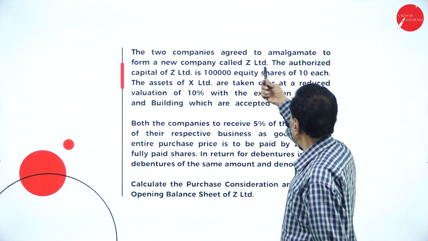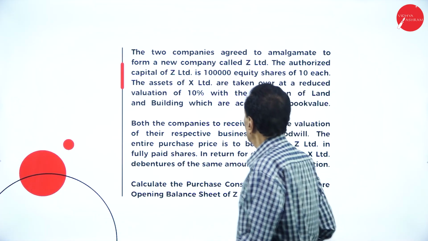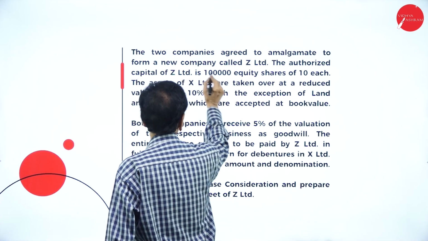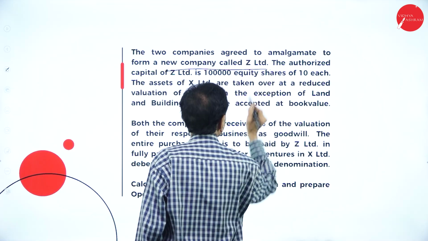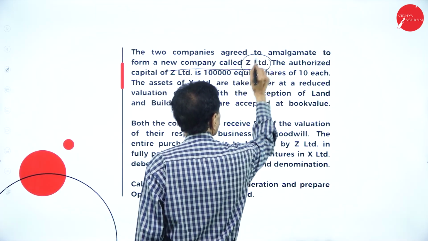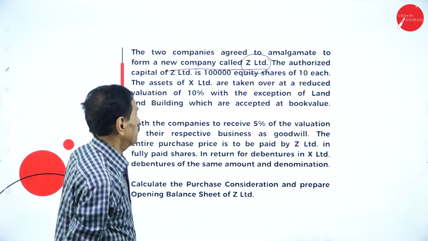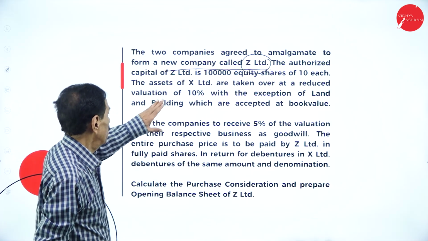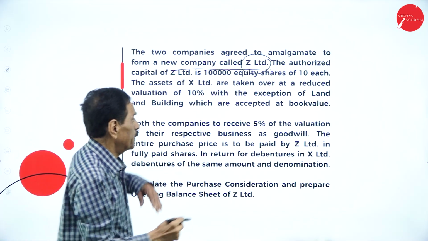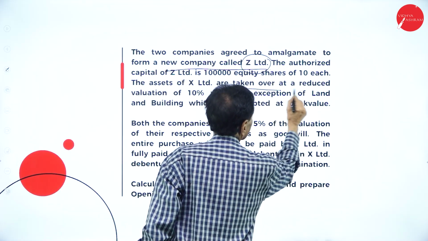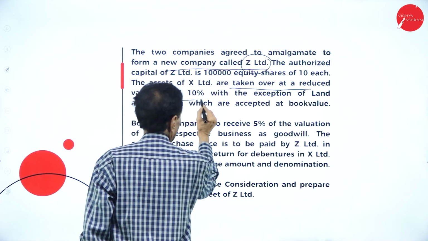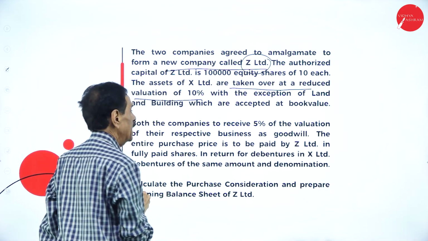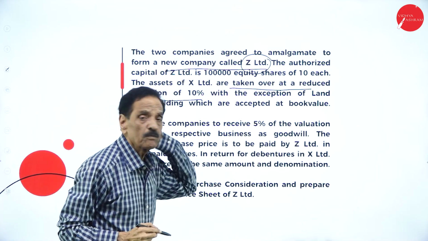The two companies agreed to amalgamate and form a new company called Z Limited. The authorized capital of Z Limited is ₹10 lakh, equity shares of ₹10 each. The assets of X Limited are taken over at a reduced value of 10% with the exception of land and building, which are accepted at book value.